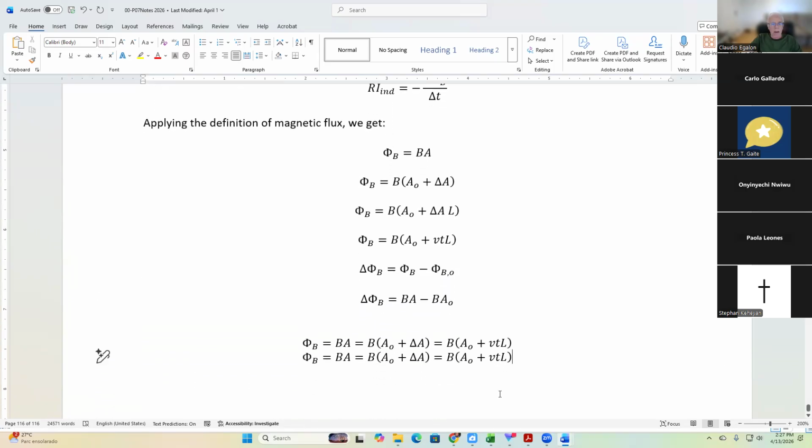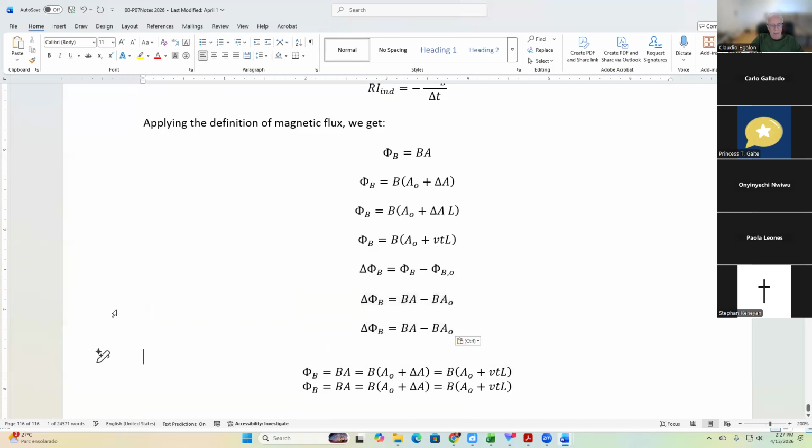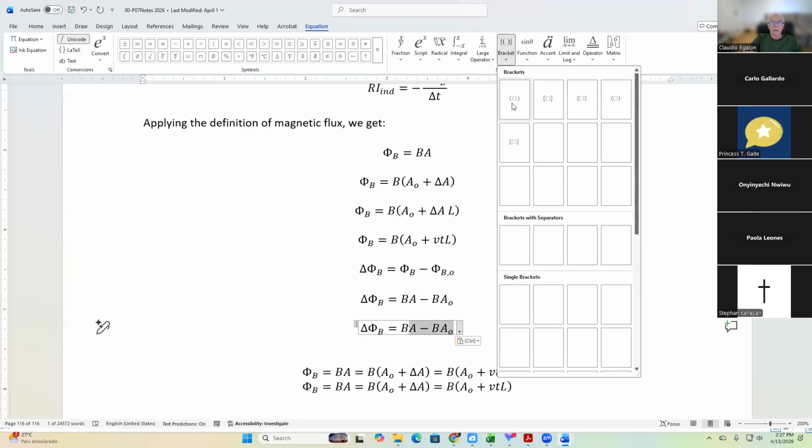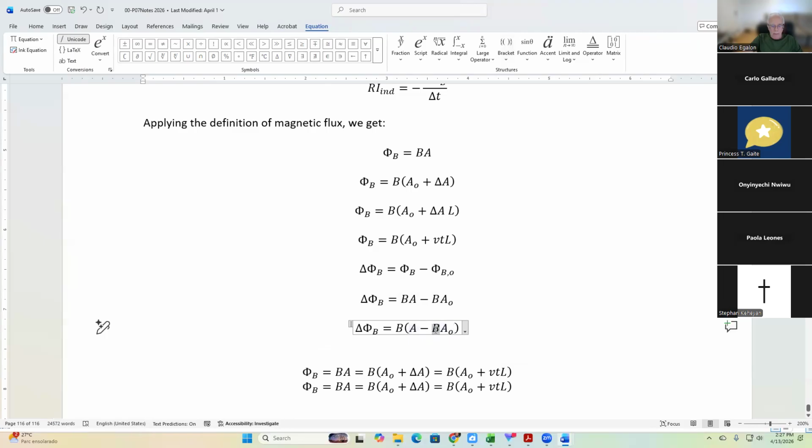And now I can rewrite it as being, let's say, I can put a parenthesis here and take this one out.